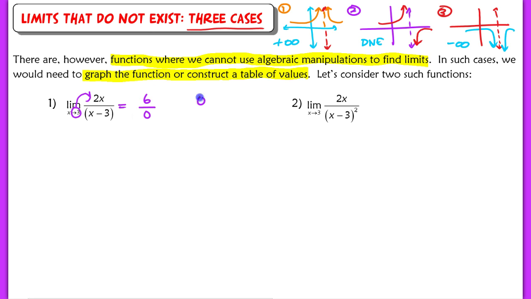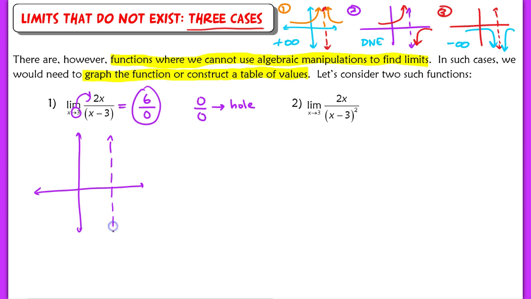Now if you end up with 0 divided by 0, that always gives you a hole in the graph of your function. But here, if we have a constant over 0, instead of giving you a hole, because you can't factor anything else here, no algebraic manipulations can be done to that function, this time we are going to get a vertical asymptote at x equals 3. Okay, so our function is undefined when x is equal to 3.